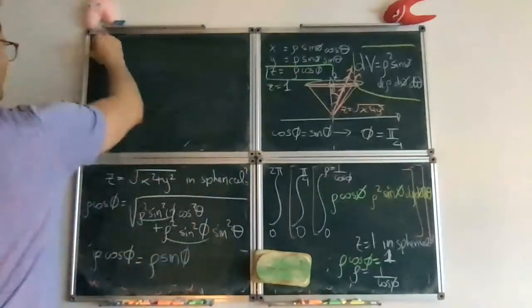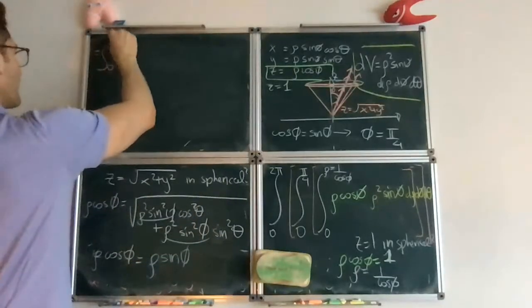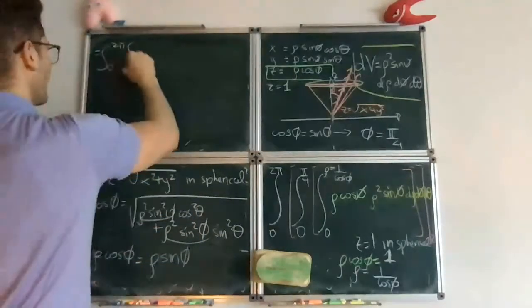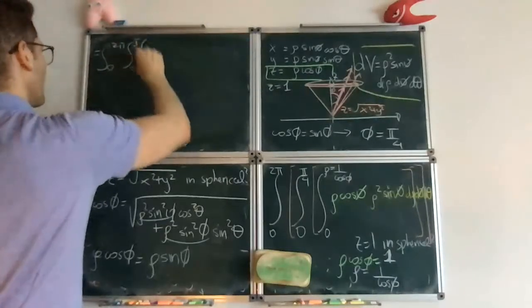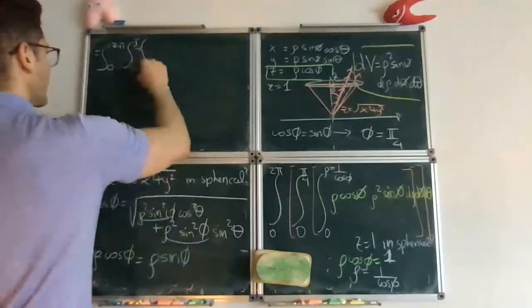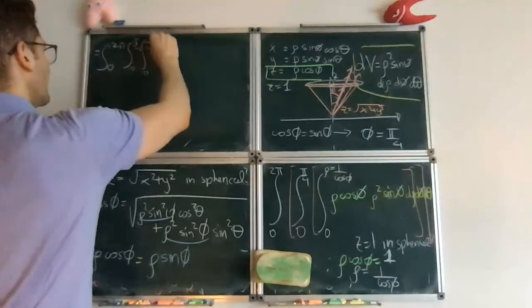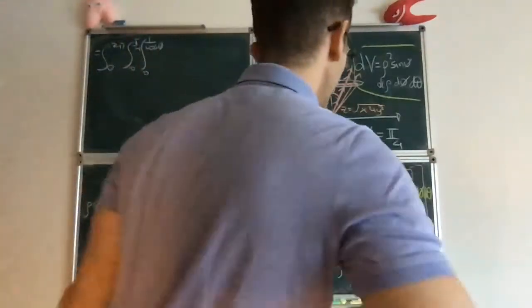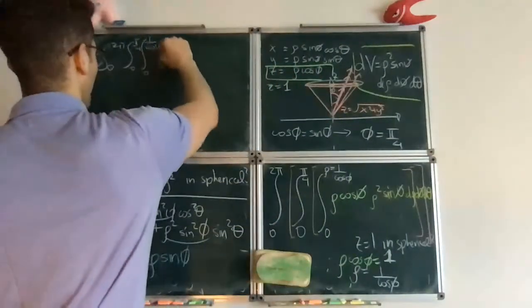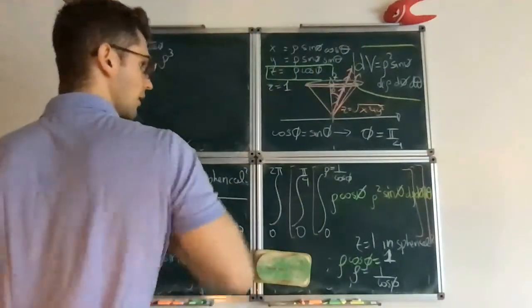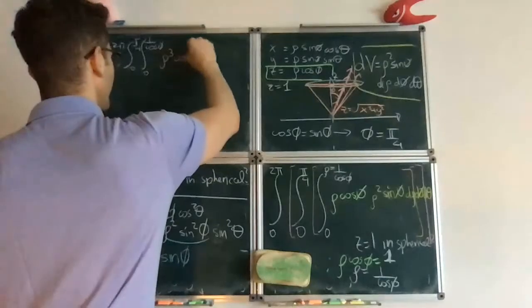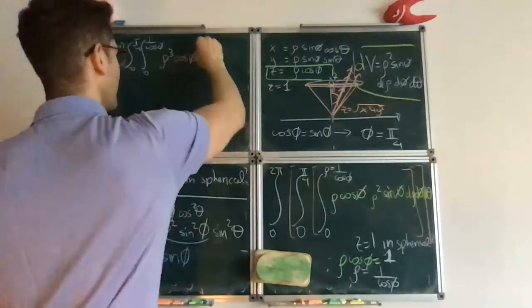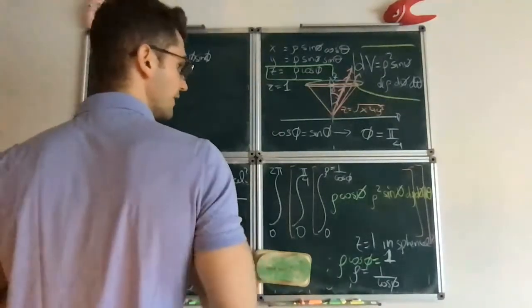We have to integrate from 0 to 2 pi, from 0 to pi over 4, from 0 to 1 over cosine of phi, of rho cubed cosine of phi sine of phi d rho d phi d theta.